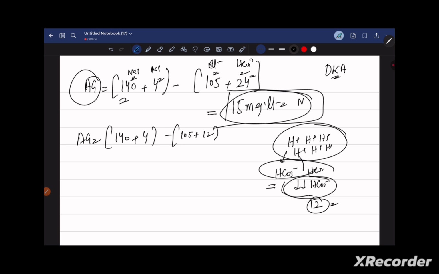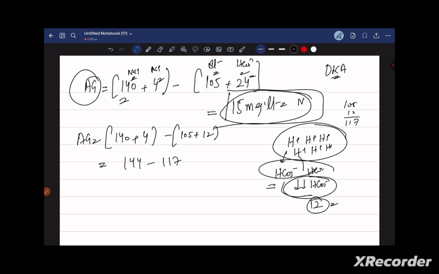So what will be the anion gap now? What I want to make you understand is that in a diabetic ketoacidotic patient, the bicarbonate concentration will be less because of increased production of protons.